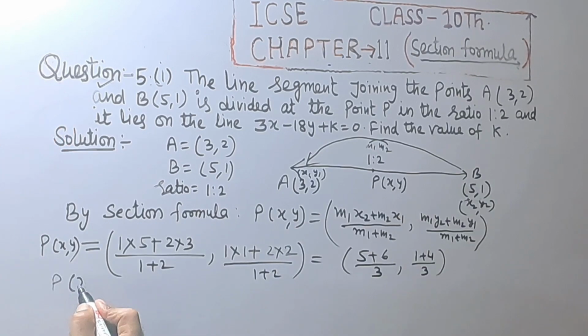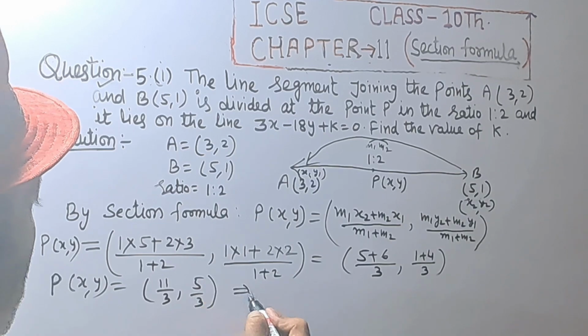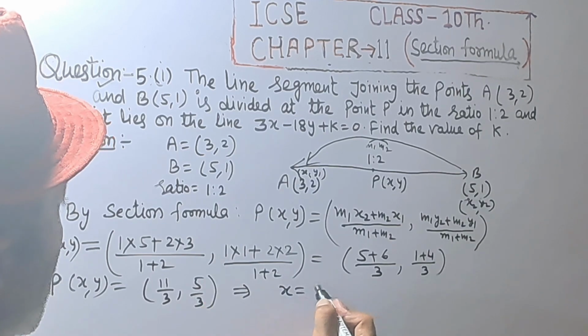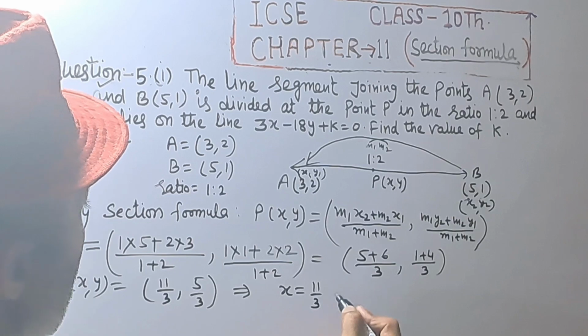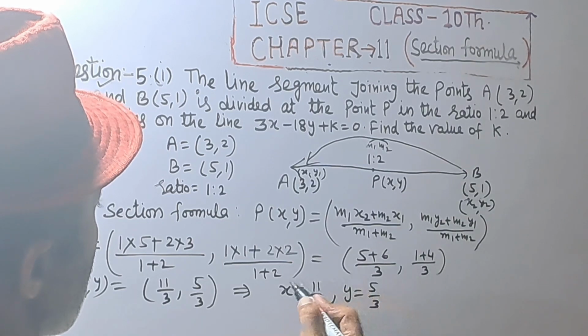So P(x, y) is equal to 11 upon 3 and 5 upon 3, which implies x is equal to 11 upon 3 and y is equal to 5 upon 3.